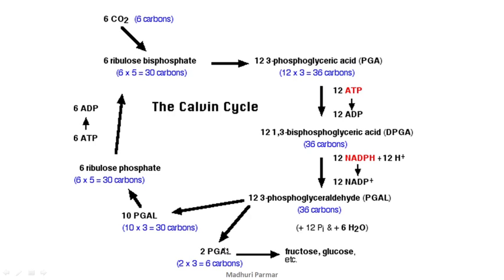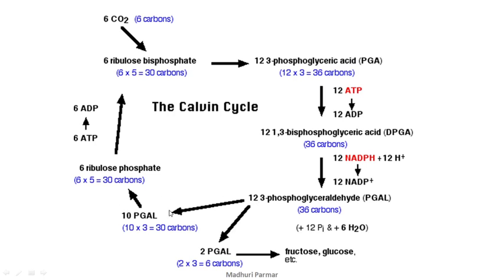Again, 2 molecules of PGAL means 2 into 3 carbon, right? These are 3 carbon compounds. So together 3 plus 3 will give you 6 carbons, and these 6 carbons will form the fructose or glucose. Fine. So from 12 molecules of phosphoglyceraldehyde, 2 will form glucose.